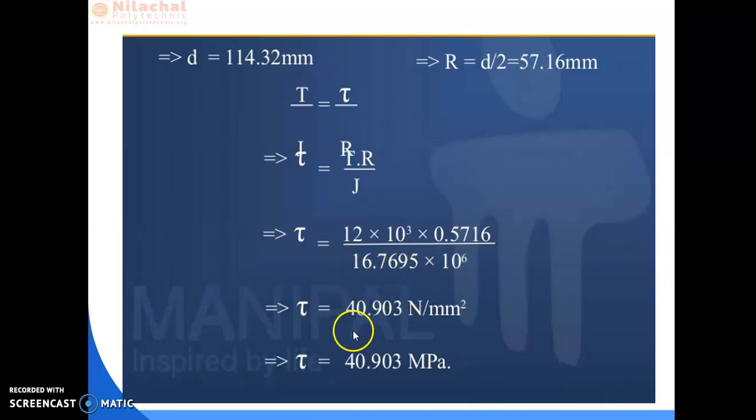We can get shear stress as 40.903 Newton per mm square, or we can convert it into megapascal. So, 1 Newton per mm square is equal to 1 megapascal. So, the shear stress value is 40.903 megapascal and the diameter is obtained as 114.32 mm.